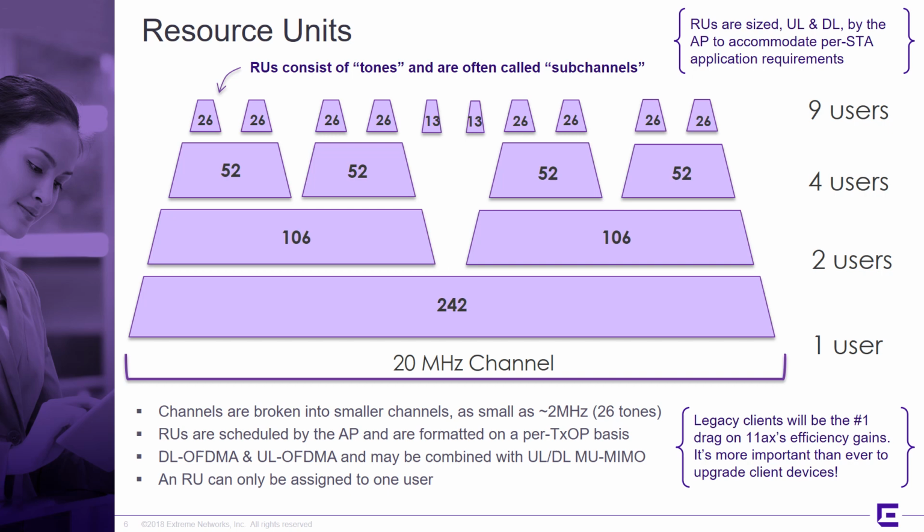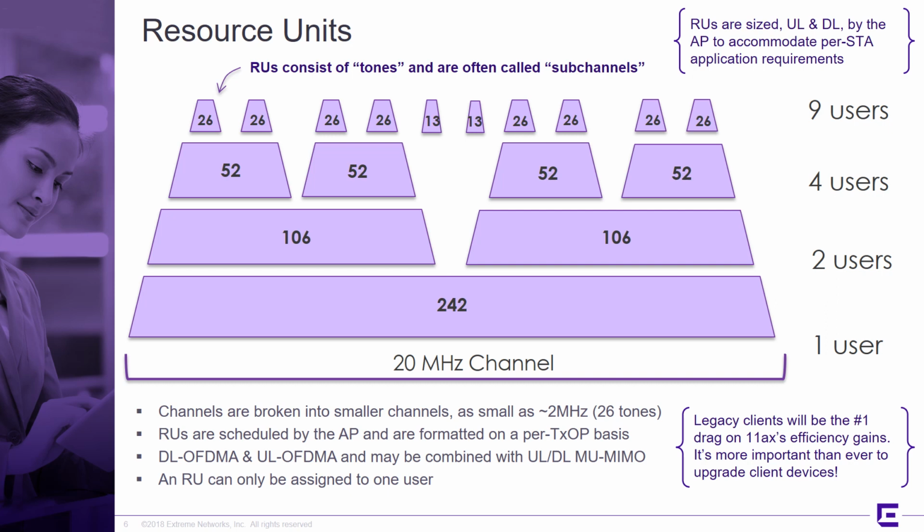Now, these groupings or resource units of tones like this can be in various combinations. We could have nine 26s, four 52s, two 106s, or a 242, but then we can have all types of combinations. We might have, for example, three 26s and three 52s, or a 106 and two 52s, or something like this.